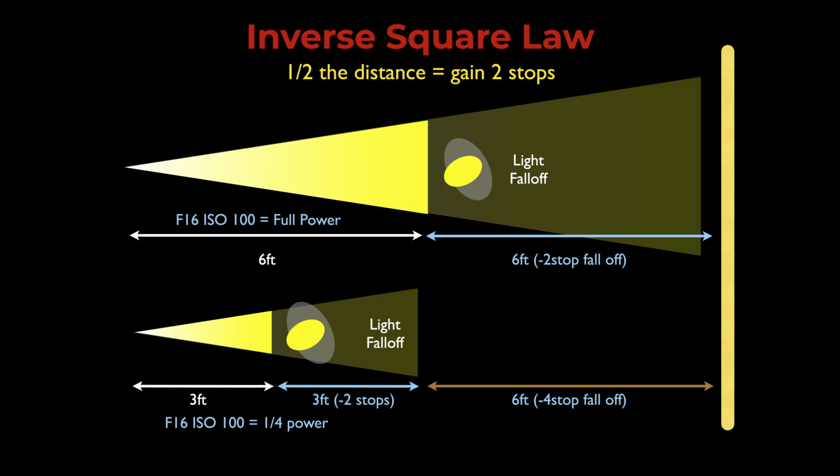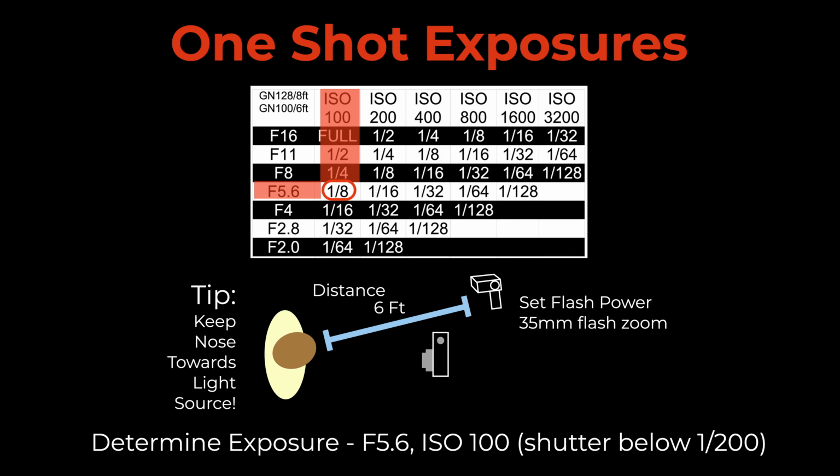So what we're going to do now is we're actually going to test this chart out, and we're going to do a video of us using this chart, setting the aperture, setting the flash power, controlling it by distance, controlling it by f-stop, putting an umbrella in front of it, and you can get a clear understanding of how this chart works and what flash power we're setting it at.